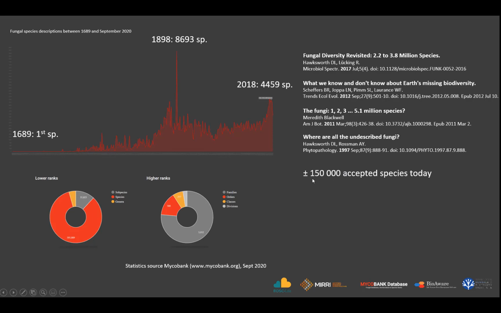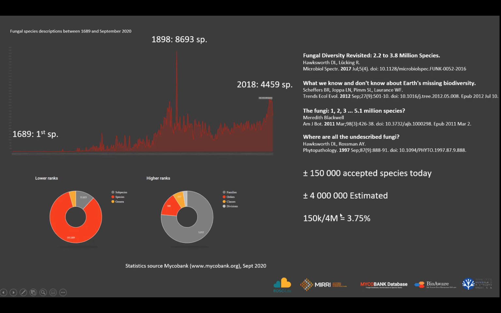And so at this stage, 150,000 of those 400,000 legitimate species are recognized as current species, real species, if you want. So out of the 4 million estimated, it means that we only know about 3.75%.